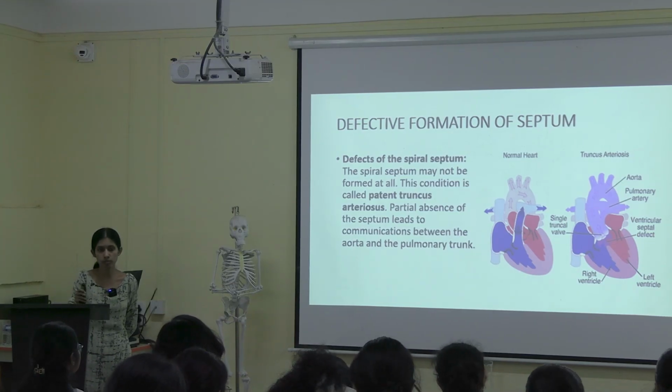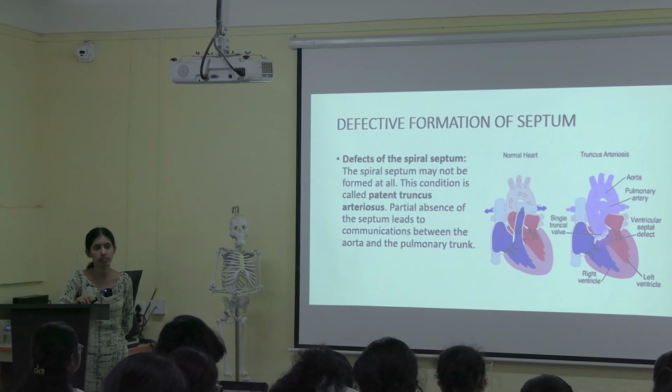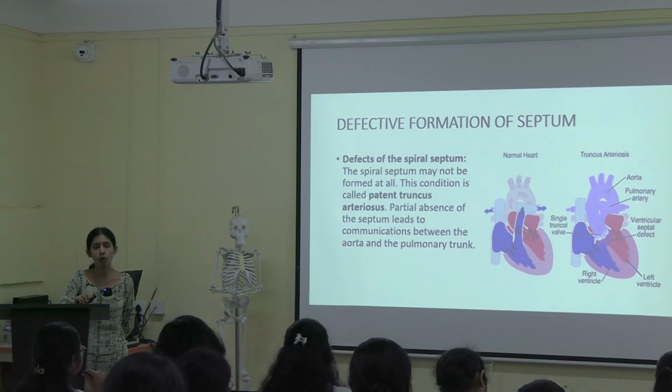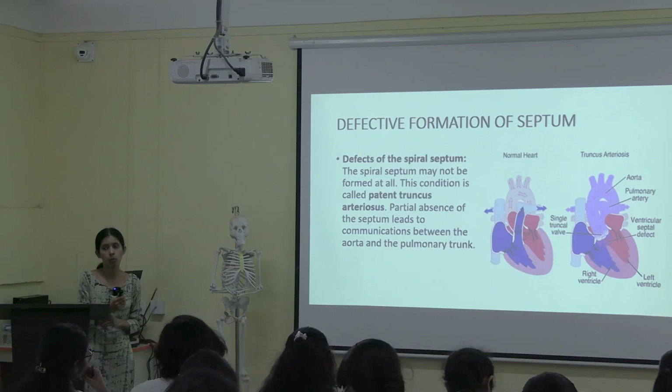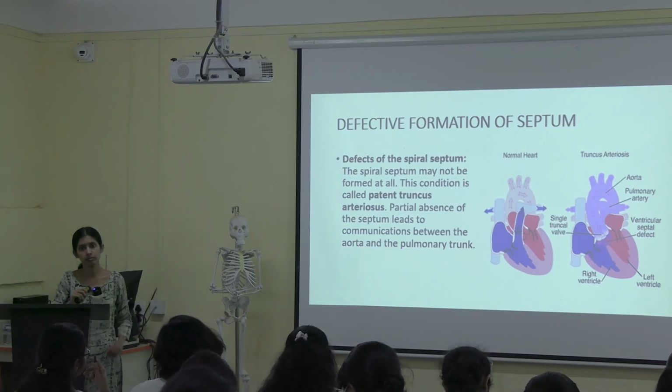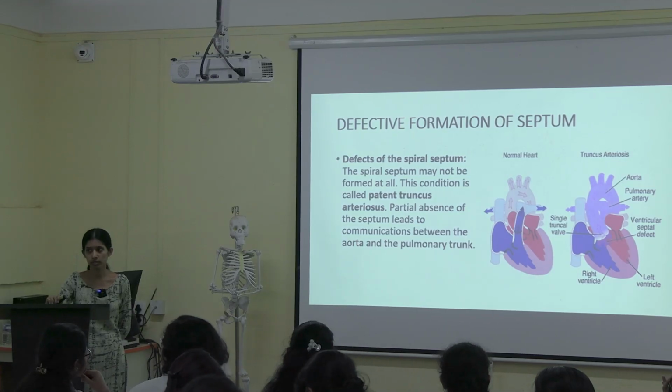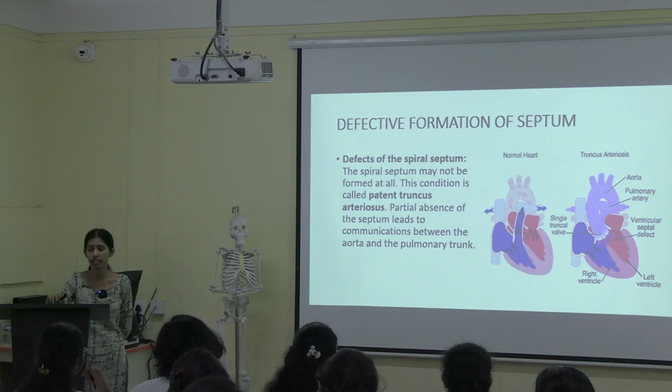Next we have the defective formation of the septum. How are the septums formed in the developing embryo? How many septums are formed? What do you mean by septum? Dividing two. Okay, fine. So how many septums are present in our heart?